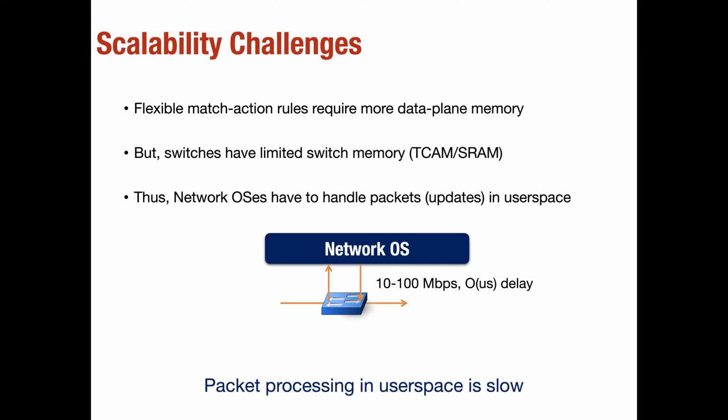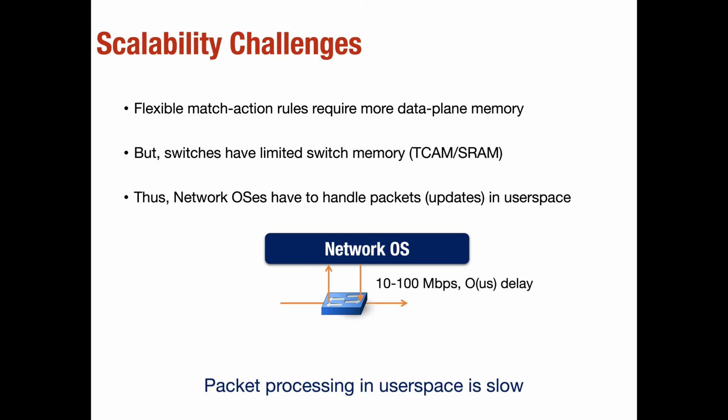So they forward that packet to the controller or the network operating system. The network operating system then has to figure out what to do. Maybe it has its own internal logic, maybe it has a cache of rules that it has already pre-populated and pushes those rules down, or it computes on the fly what the forwarding decision should be for this specific packet.